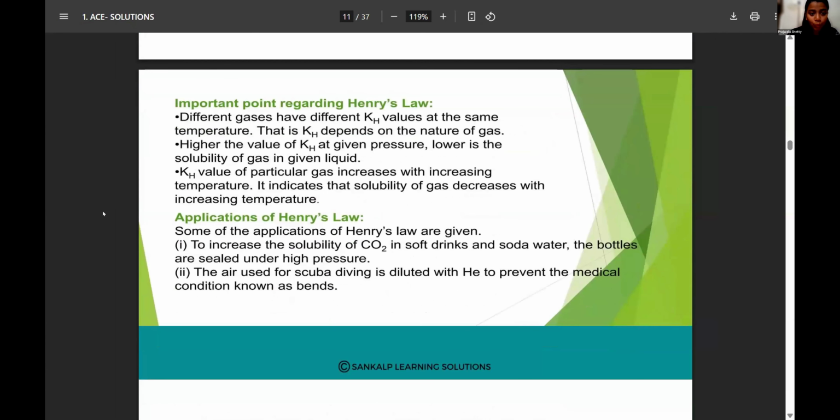Next, let's see what are the important points regarding Henry's law. Let me show you one graphical representation.